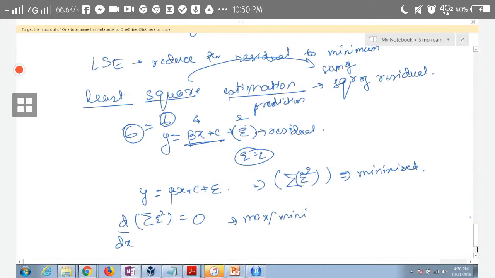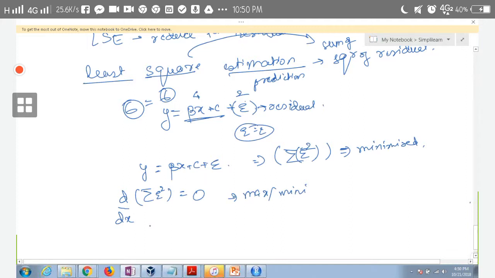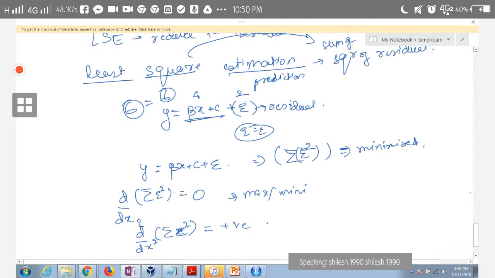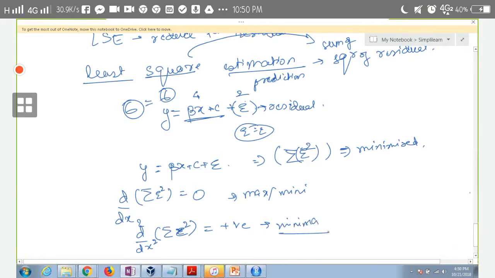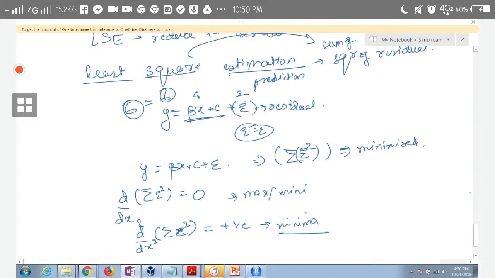But d2 by dx square of sum of epsilon, if positive, gives you minima. Clear? So you will solve these two equations.